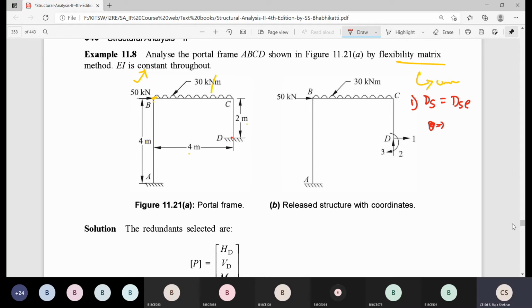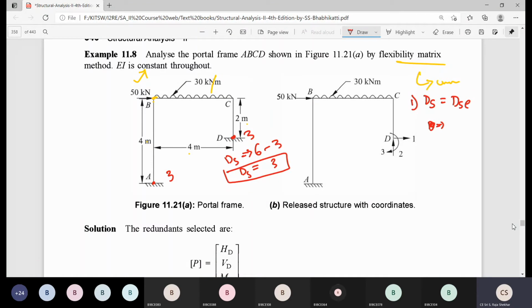We have two supports, support A and support D. At support A we have 3 unknown reactions, and at support D we have 3 unknown reactions. So the total number of unknowns is 6, but we have 3 static equilibrium equations. So the static indeterminacy of the structure is 3.